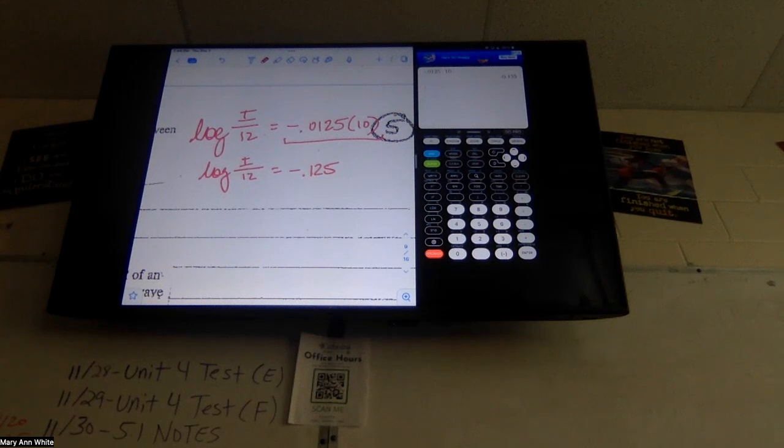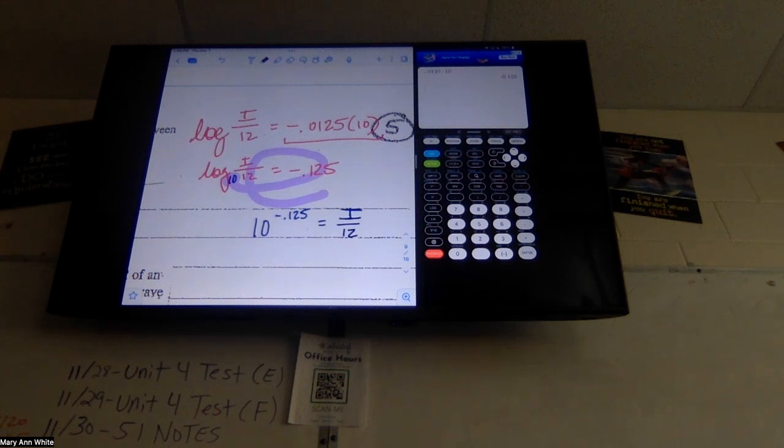Now from here, does anyone have any idea what I should do? Can't do that yet because that's inside the log. Can we get rid of the log somehow? Yeah, base 10. Then what? Good, log roll. 10 to the negative 0.125 equals I over 12.